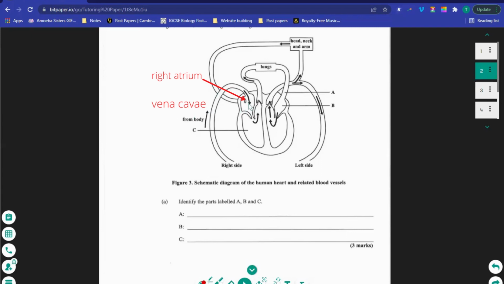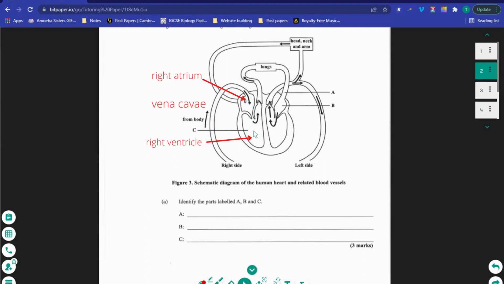And once we have that contracting of the muscle of the heart, that blood is squeezed through, remember these valves here, which would be your tricuspid valves. So it is squeezed through the tricuspid valves and it enters into the lower region, which is the right ventricle. Once we have the contracting of the heart again, or another cycle with the heartbeat, more deoxygenated blood is going to enter into the atrium.